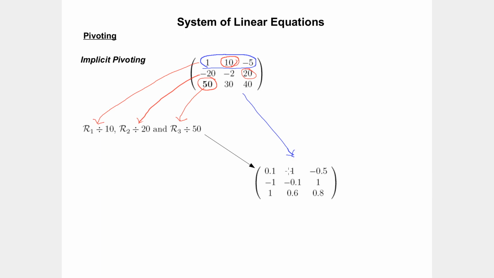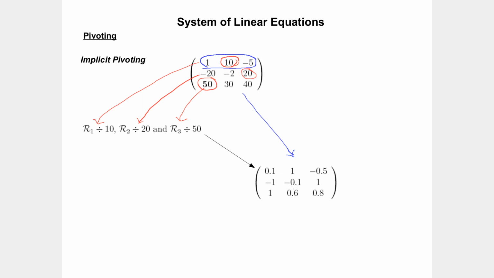And coding becomes very easy, because the pivot doesn't matter at all: once you make sure the diagonal element is always 1, you don't have to divide at all. So that operation we can avoid by doing this implicit pivoting. In implicit pivoting, we make the maximum element of each row 1, and then we perform the operation.